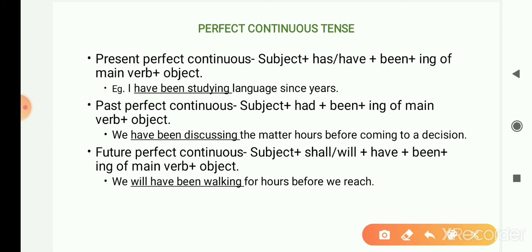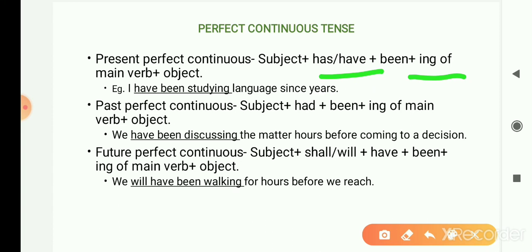Here we have subject plus has or have been plus ing of main verb and object. The sentence should be I have been studying language for years. I am using have been from the rule. Study is my main verb, so I use ing for that. So it became I have been studying.